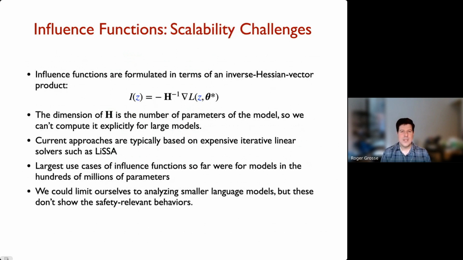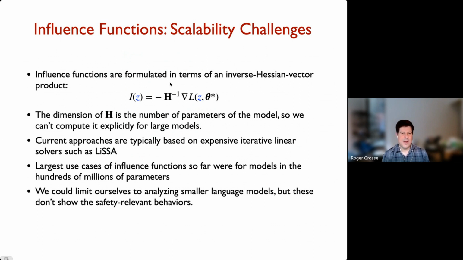And so the main challenge that we confronted at Anthropic trying to scale influence functions to large language models is that we have to approximate this large inverse-Hessian-vector product. This is the formula for the influence, and this matrix H has dimension equal to the number of parameters of the model, which could be 50 billion for the models we've been working with. So it's not something that we can compute explicitly.